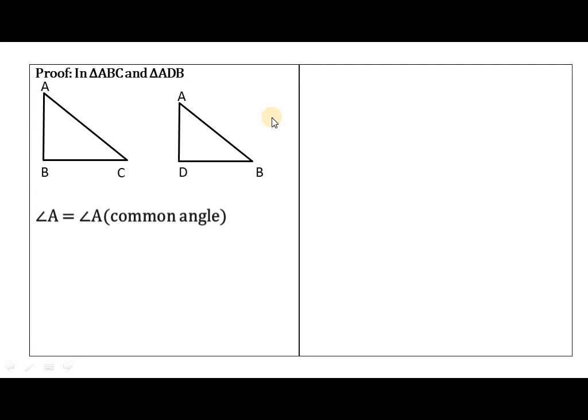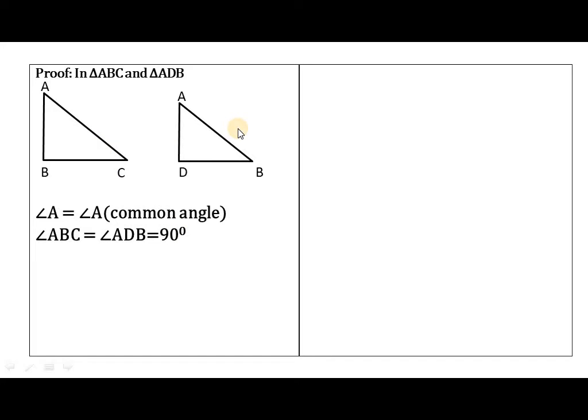So in the triangle ABC and in the triangle ADB, if you split and write the triangles, you will get triangles like this. Let us see which angles are common. Angle A is equal to angle A because in these two triangles angle A is common. Angle ABC is equal to angle ADB because both are 90 degrees.